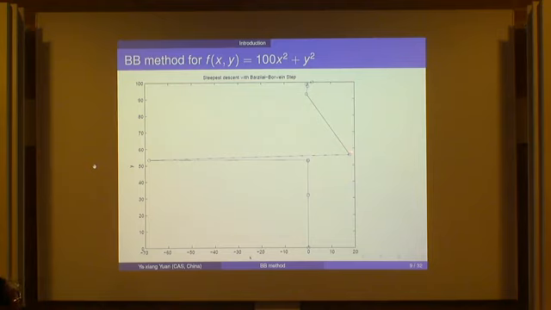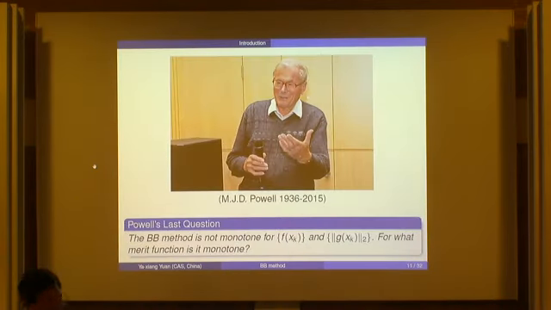Look at it here, x is equal to 10, and y is the same, but at this point now x is minus 70, so it is non-monotone and the function will be increasing. You are trying to minimize the function, but if you record all the iterations of the BB method, some of the iterations allow the function to increase. This is the property we call undesirable because it is non-monotone.